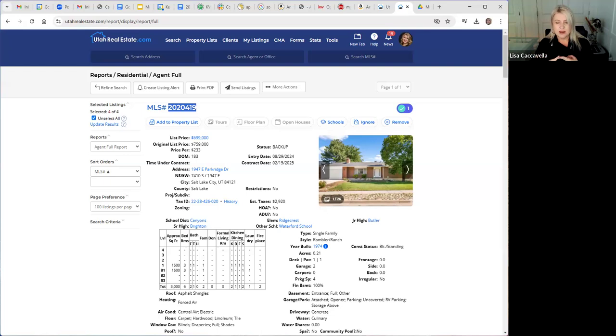The other thing I do in my buyer consultation is we are not looking at the price of the home, we are looking at the price of the payment, because they may qualify for a $2 million home, but they may not want the payment on a $2 million home. So I make sure as the buyer is talking to their lender that they understand what that payment's going to be.